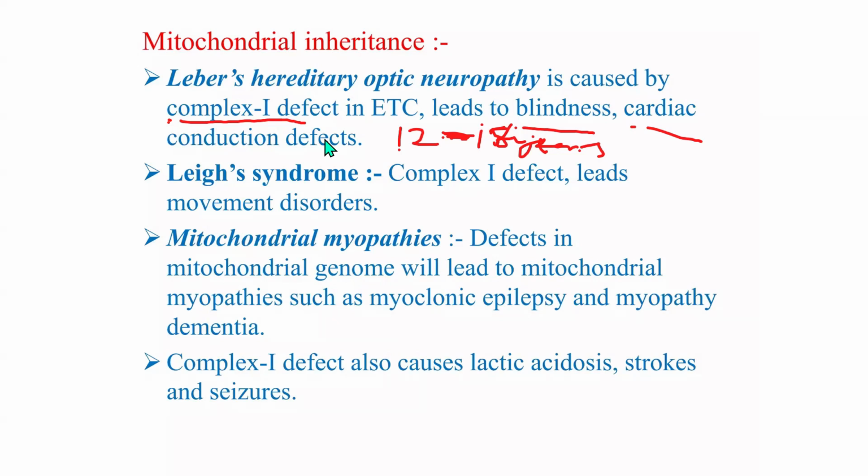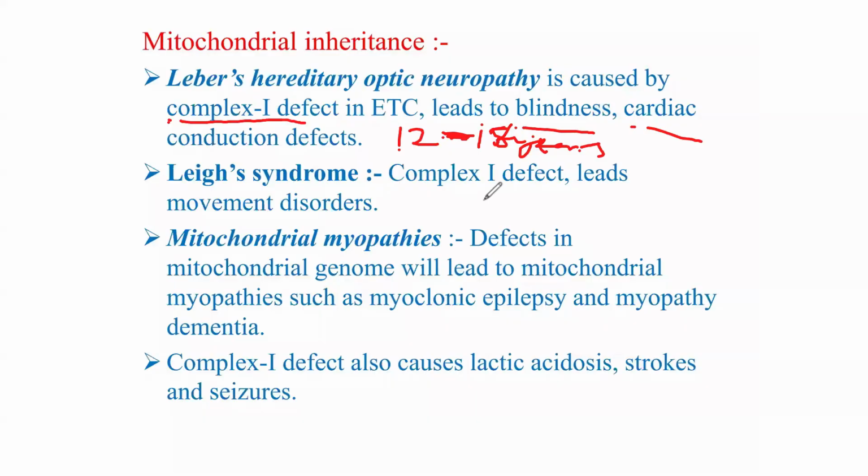So if it is defective, it means that there is a likelihood that it usually affects a child of between 12 to 18 years. So even if a child is having that defective gene, the disease doesn't show until the child reaches an age of 12 years.